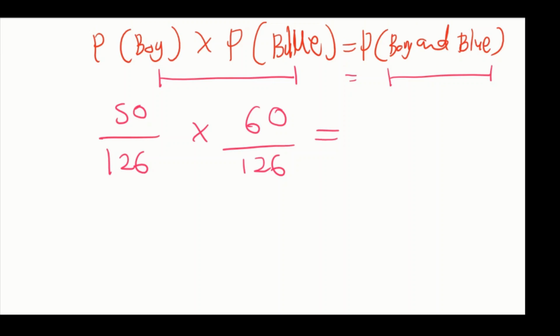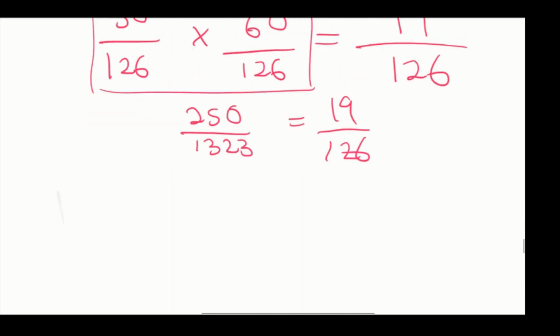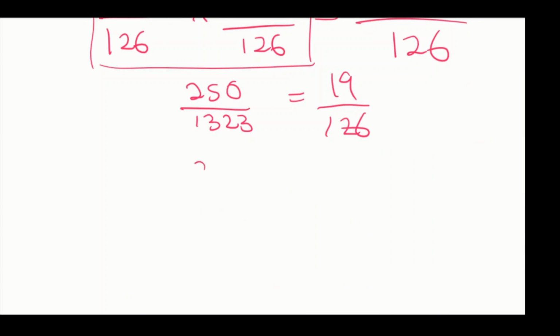So the probability of a boy and blue is 19 over 126, and the answer to this section here is 250 over 1323. The left hand side gives you 0.18896.